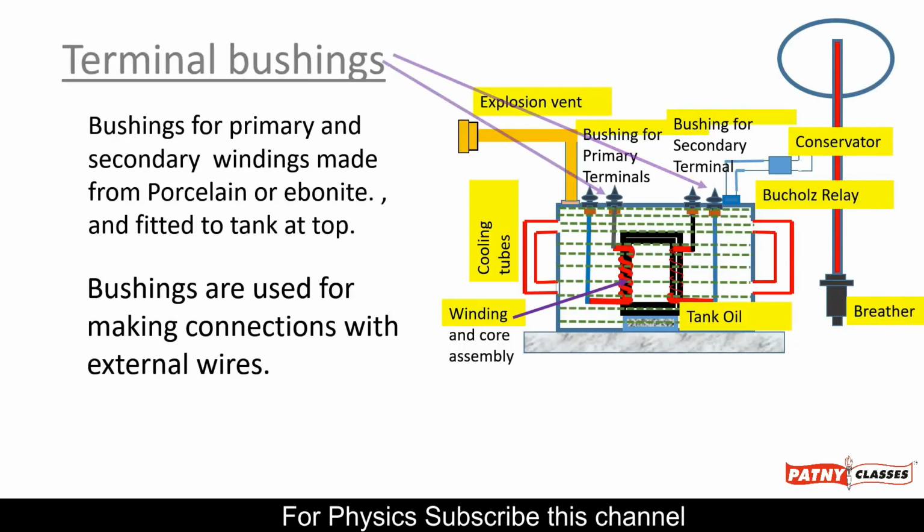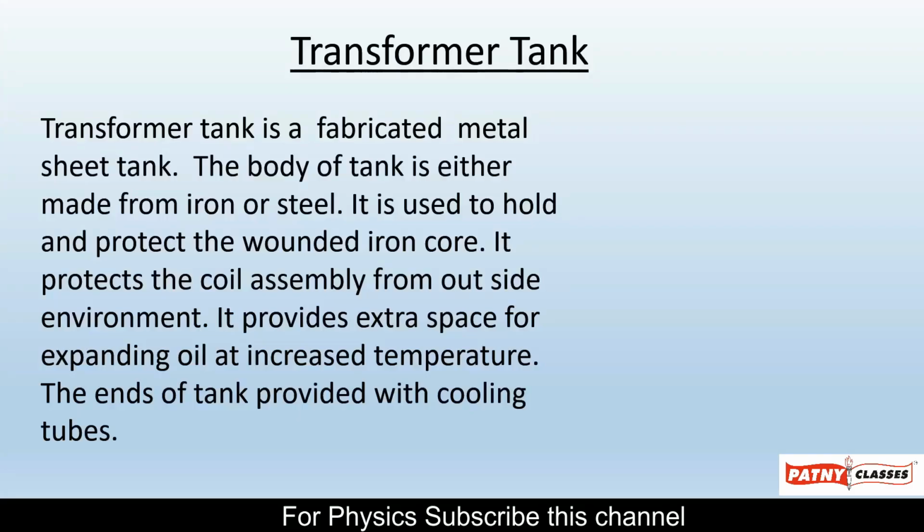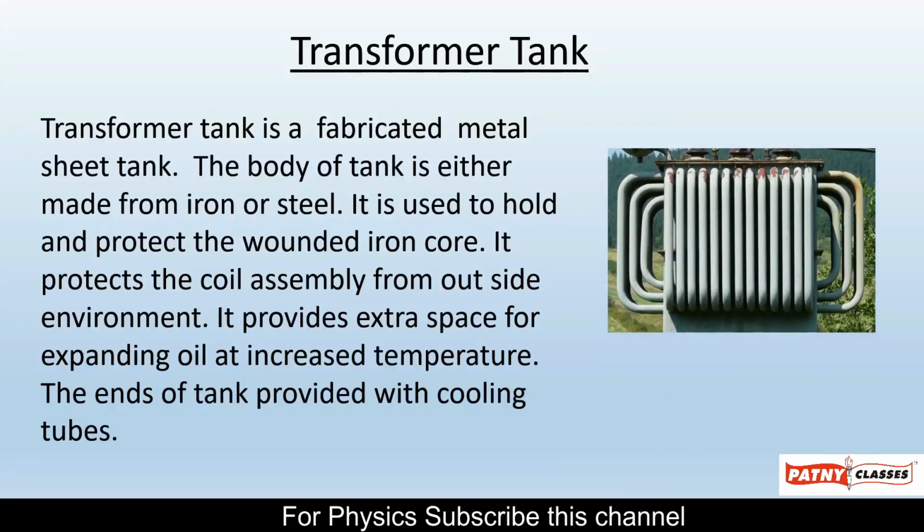Terminal bushings. Bushings for primary and secondary windings are made from porcelain or ebonite and fitted to the tank at the top. Bushings are used for making connections with external wires. Transformer tank. The transformer tank is a fabricated metal sheet tank.